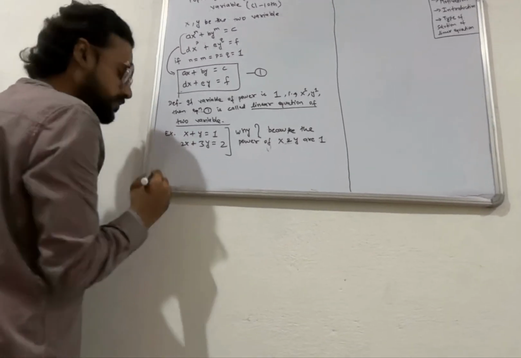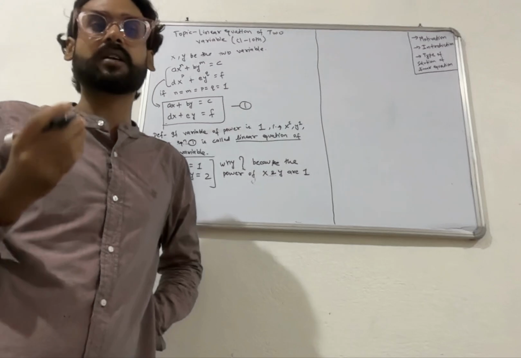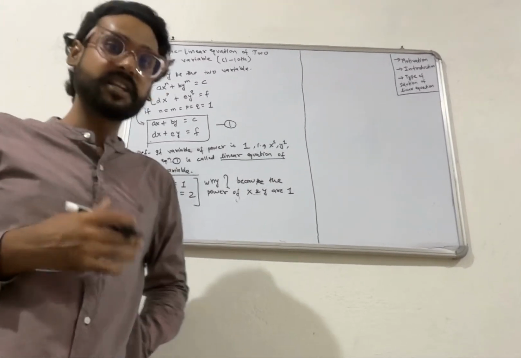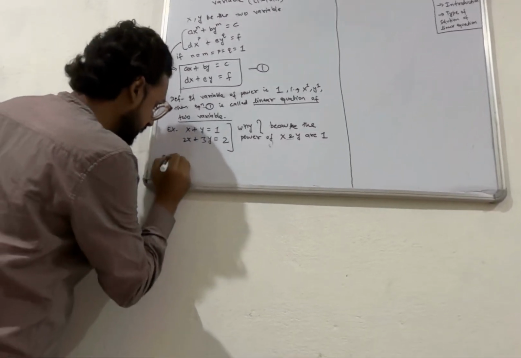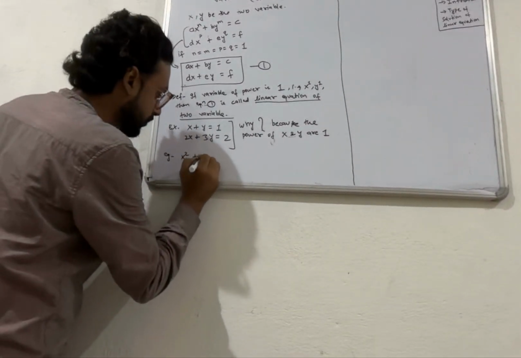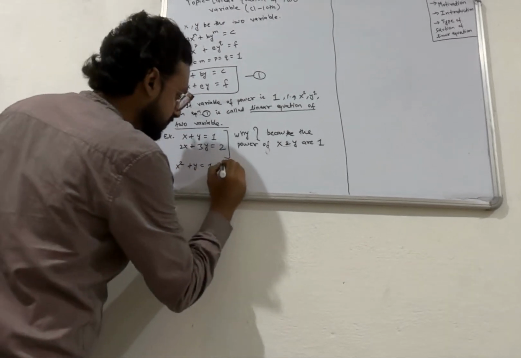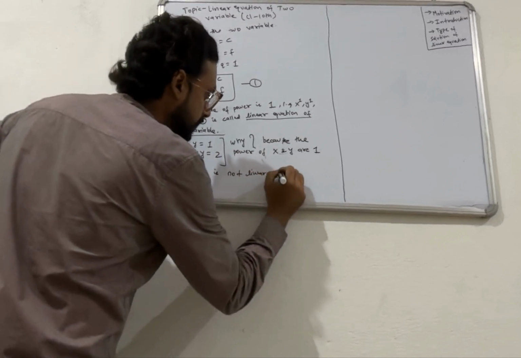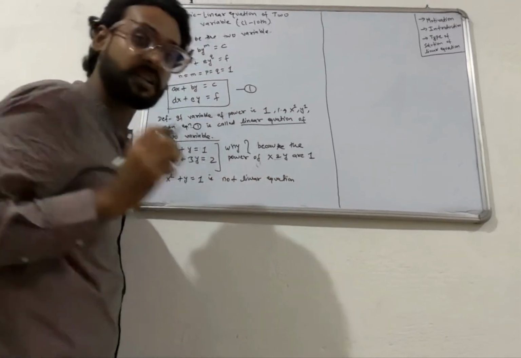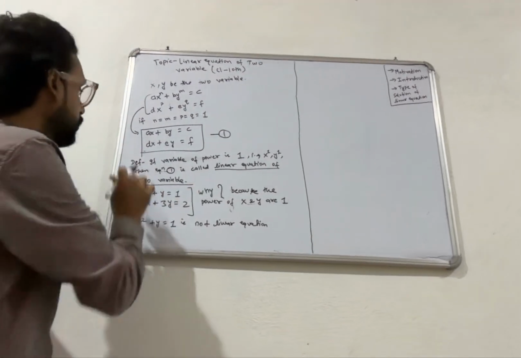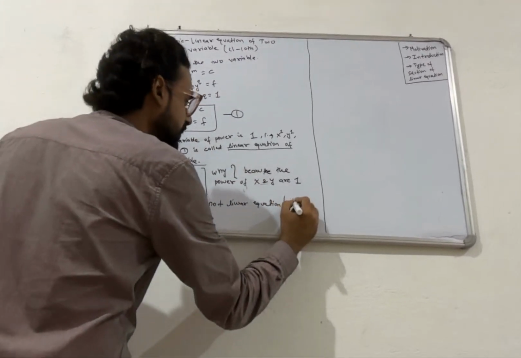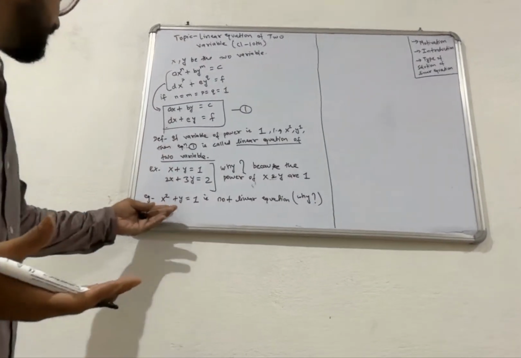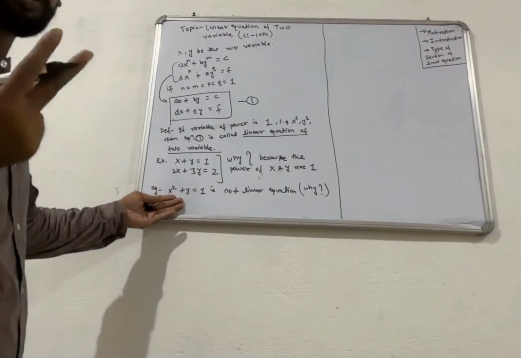Okay, and I'll give you one equation that is not a linear equation. For example, x square plus y is equal to 1 is not a linear equation. But the question is why. The simple reason is the power of the variable is 2.